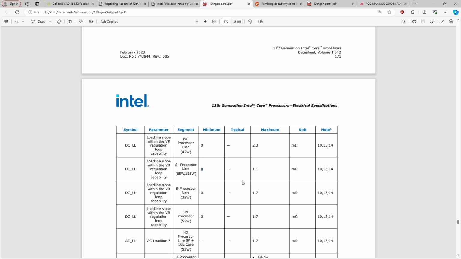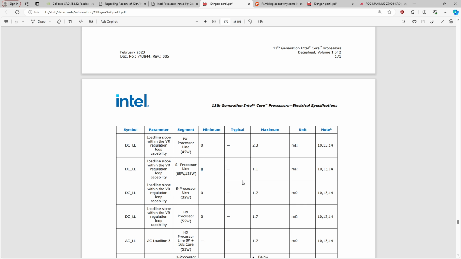what? Why would you ever do this? Because the other issue that I see is the motherboard vendors aren't able to test as many CPUs as Intel is, right? Intel makes the CPUs, so Intel needs to tell the motherboard vendors what load line is necessary for the CPU to function, right?